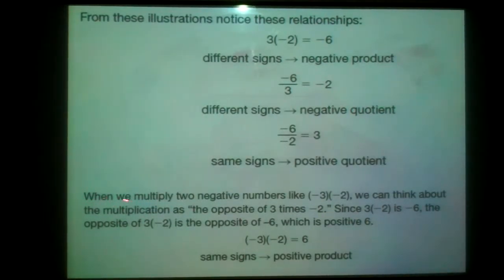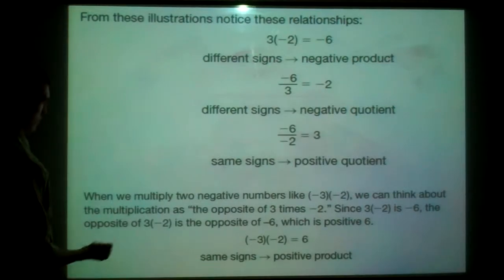So here, to follow up on what I said, we multiply two negative numbers like -3 and -2. We can think about the multiplication as the opposite of 3 times -2. Since 3 times -2 is -6, the opposite of 3 times -2 is the opposite of -6, which is +6. So, same signs when multiplying, you'll get a positive answer.